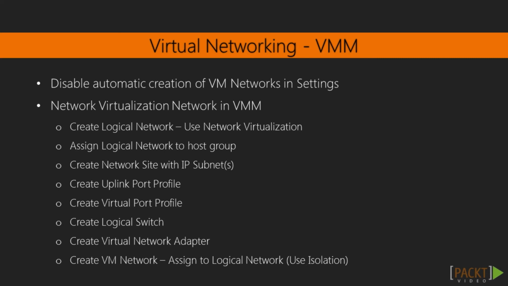We will review what a network virtualization model looks like and review a network diagram of how this would look in our lab. Then we will show an example of how to create a network with Windows Network Virtualization using the logical network and logical switch in Virtual Machine Manager. We will then connect two different Hyper-V hosts to the virtualized network, create some VMs, and ping across the network.